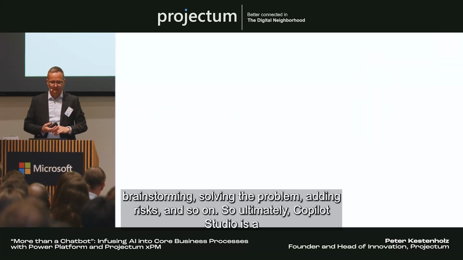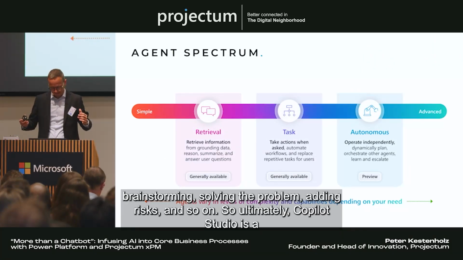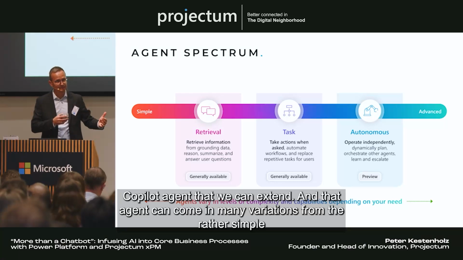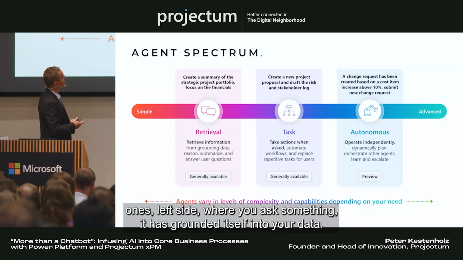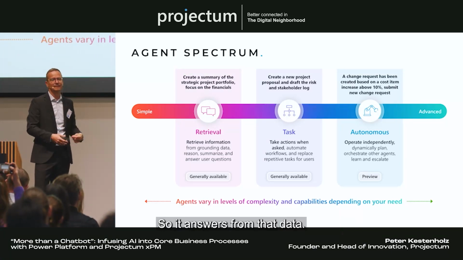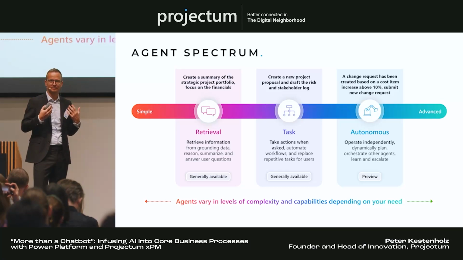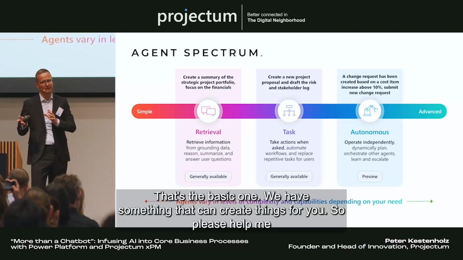So ultimately, Copilot Studio is a Copilot agent that we can extend. And that agent can come in many variations, from the rather simple ones, left side, where you ask something, it has grounded itself into your data. So it answers from that data. How many projects do I have, and what's the cost overrun this year? And the answer is there. That's the basic one.